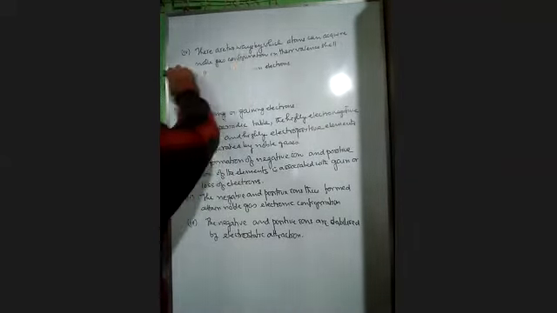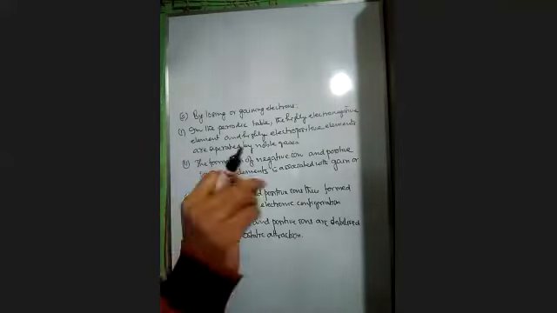So let me show you with this structure. See, according to the Lewis concept or electron dot model, we only put a dot for the valence electron.